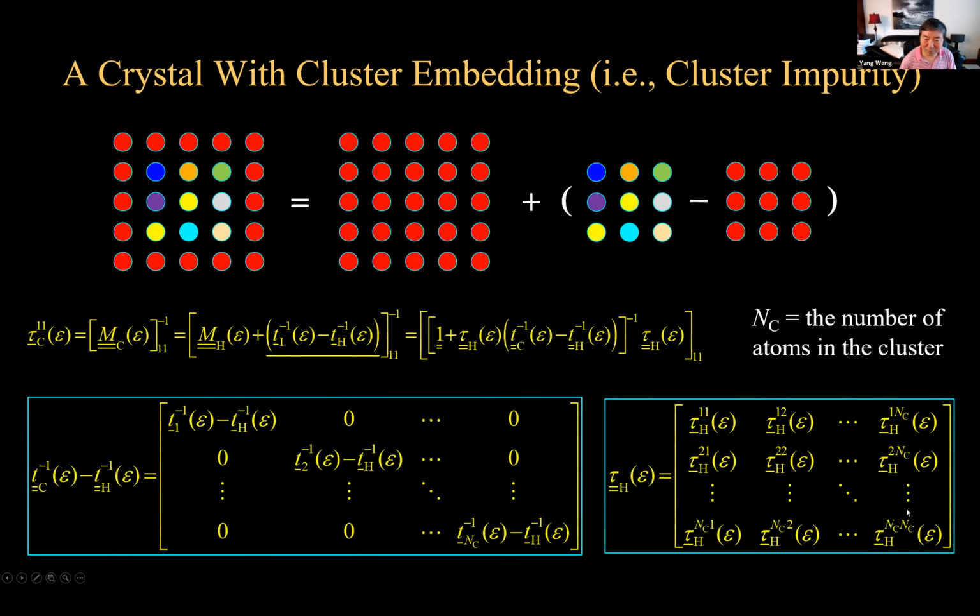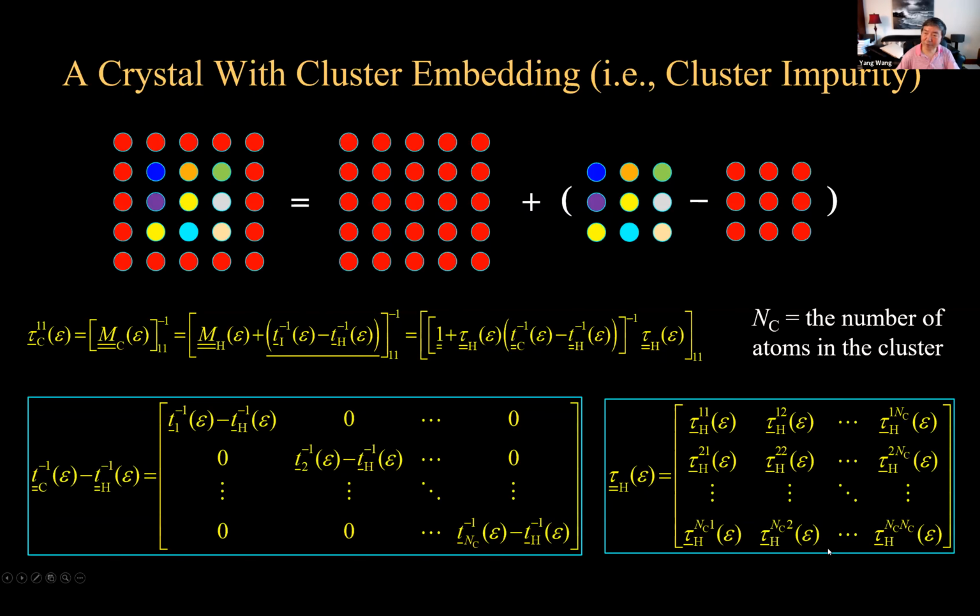The reason it has to be this way is that you have to deal with the fact that it's a cluster with multiple atoms. So you have to deal with how to calculate tau 1,1, tau 1,2, tau 1,NC, tau 2,1, and all these things.